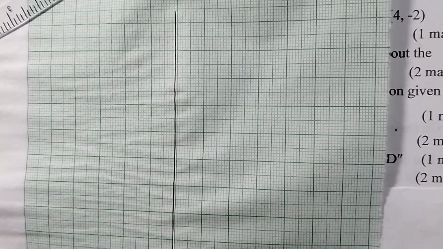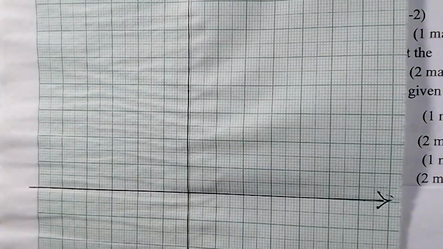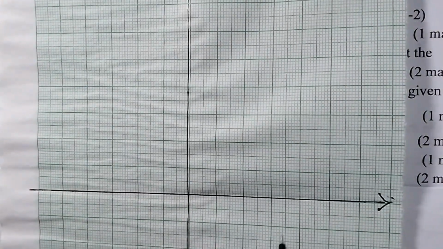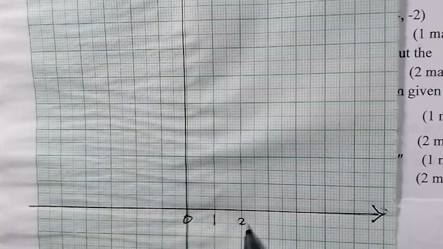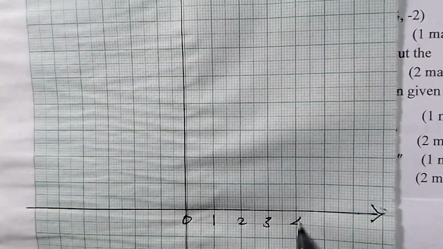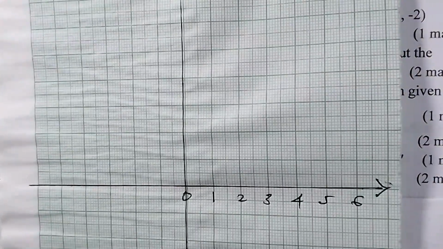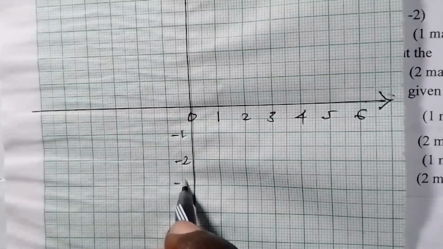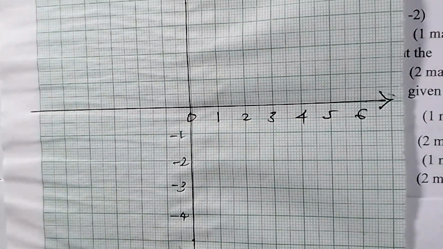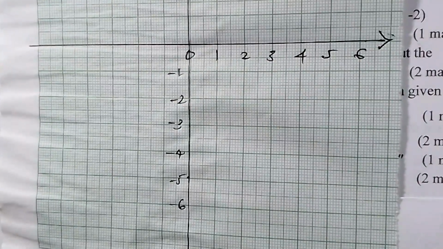So this is the x-axis. We can label 0, 1, 2, 3, 4, 5, 6, and -1 to -6.